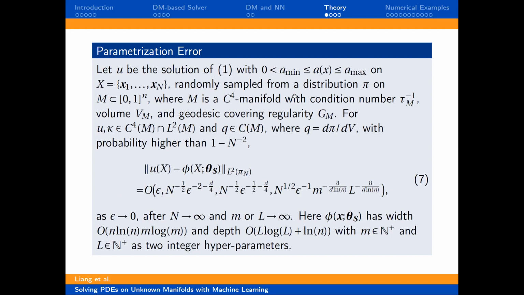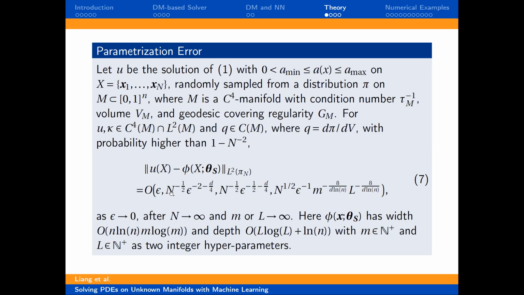We assume that the function is strictly positive and bounded by two positive numbers, and we give some assumptions on the manifold. Then we can show that with high probability we have this error estimation.